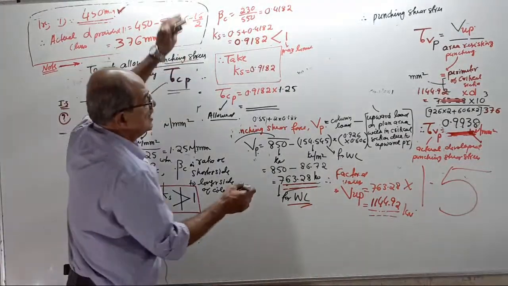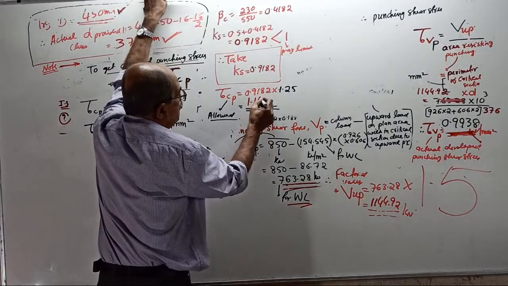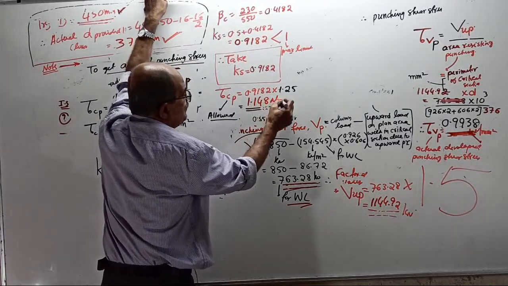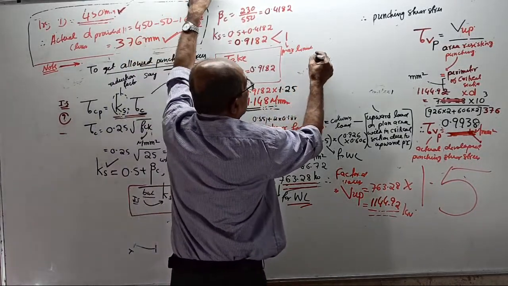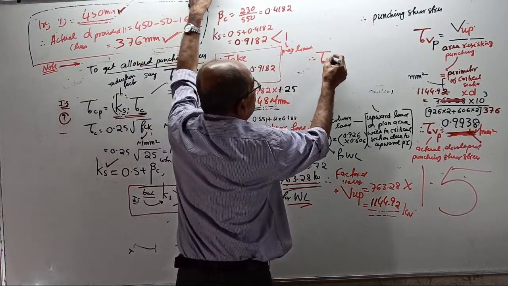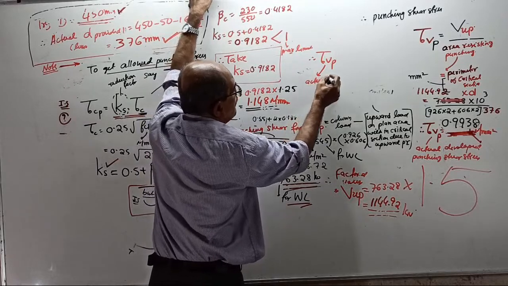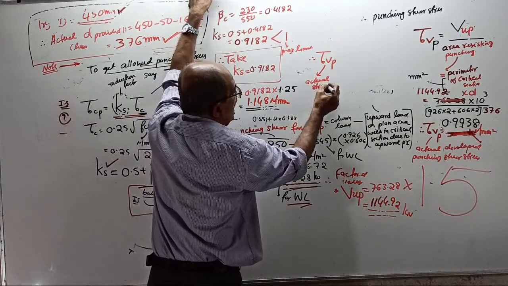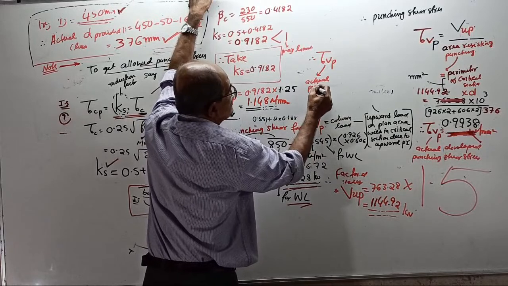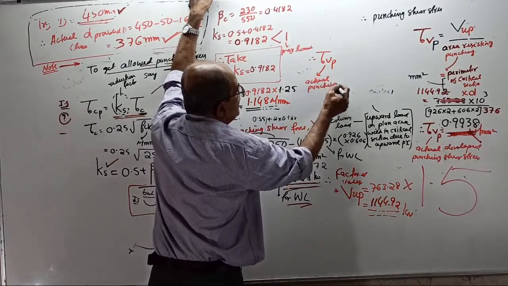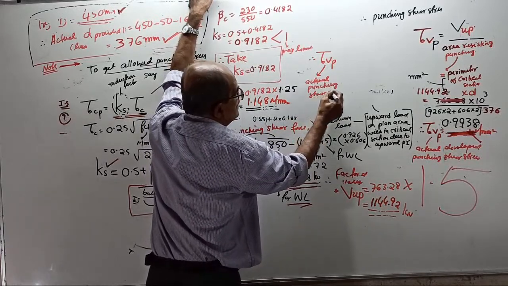1.148 Newton per mm square. Therefore, your tau Vp means the actual stress. Remember, actual punching shear stress.